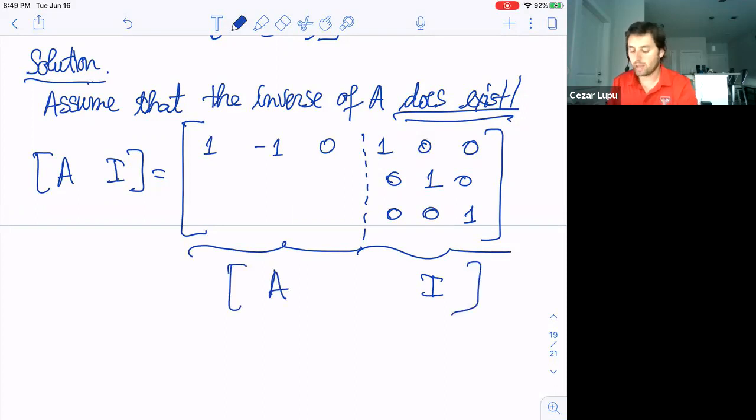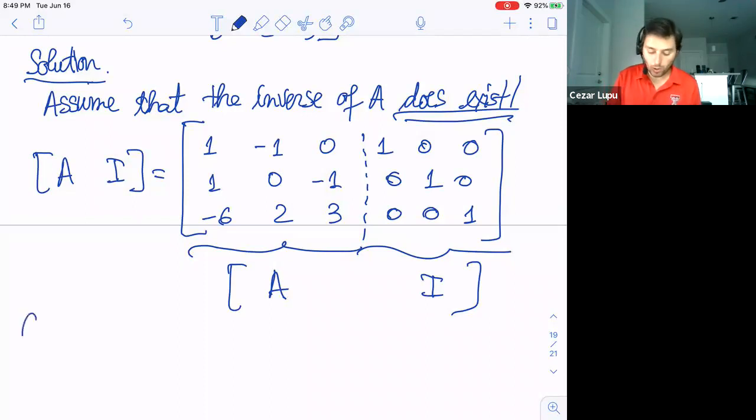All right, so it's 1, -1, 0, 1, 0, -1. And the next one is -6, 2, and 3. Okay, so this is how we adjoin the identity to the right of matrix A.